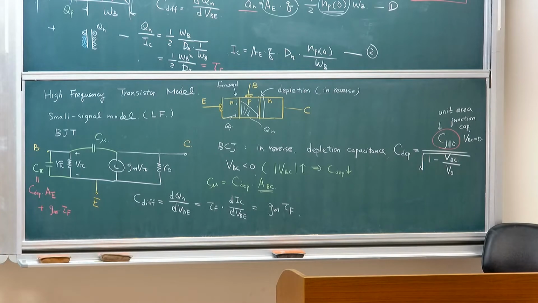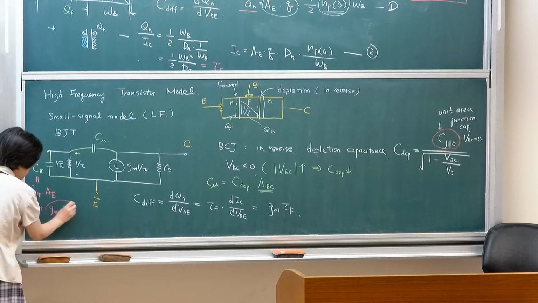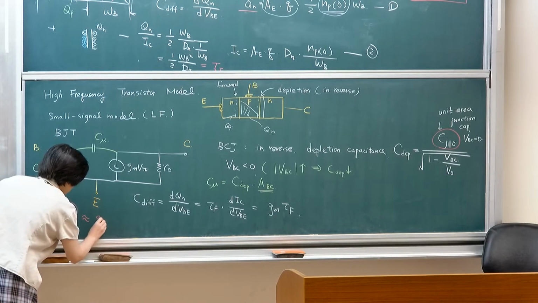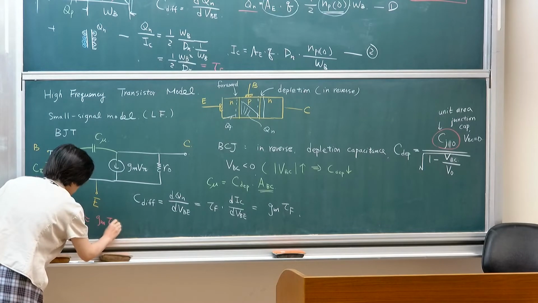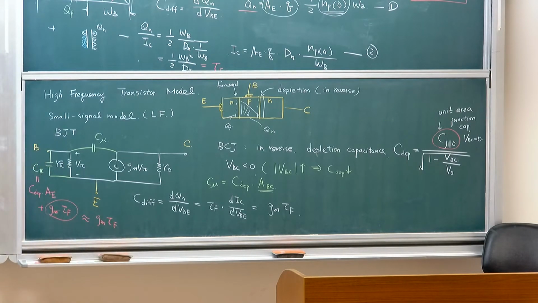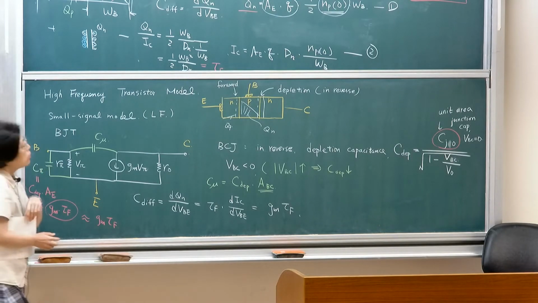So C pi is constructed with two components, depletion capacitance and diffusion capacitance. In most cases, because diffusion is much, much larger, C pi is dominated by gm tau f. Even though there's still some depletion capacitance, diffusion capacitance typically dominates when determining C pi.